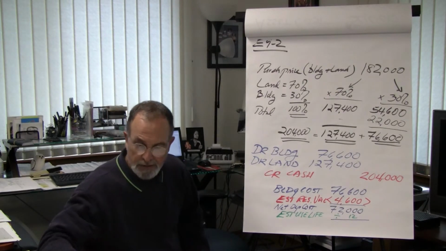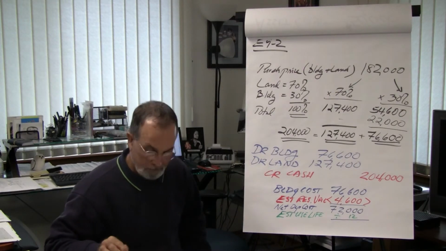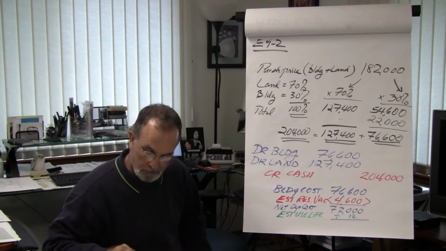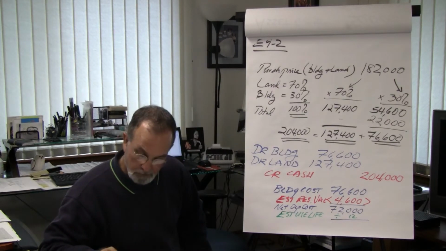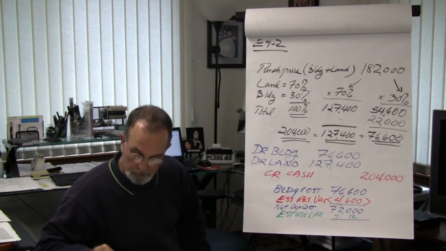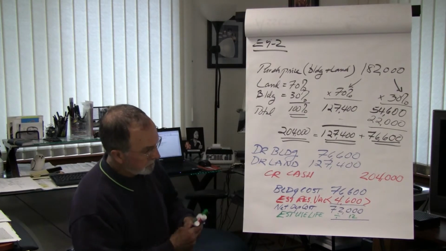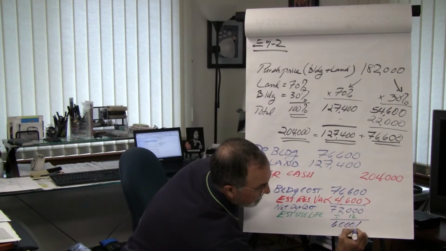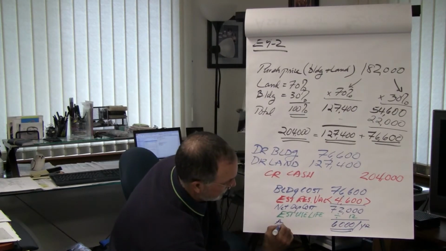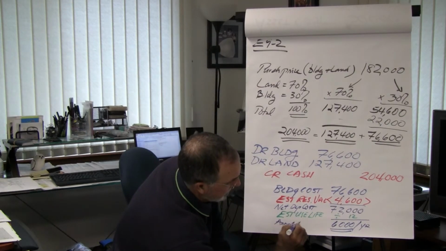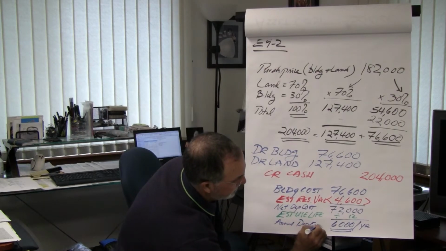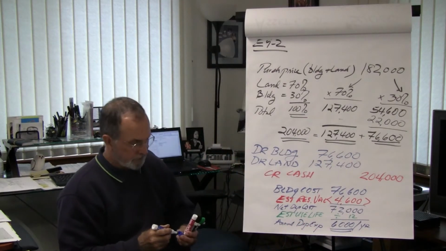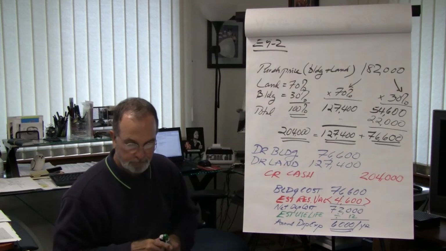And so if we divided 72 by 12, that gives us $6,000. And that is our annual depreciation expense, $6,000 per year.